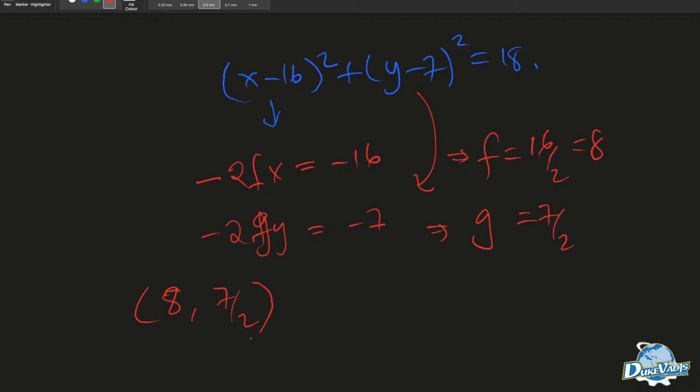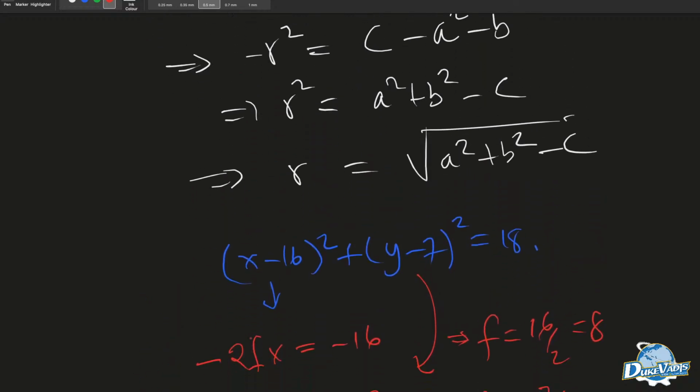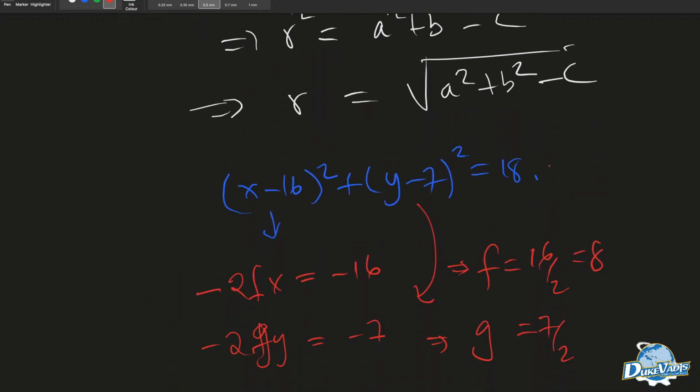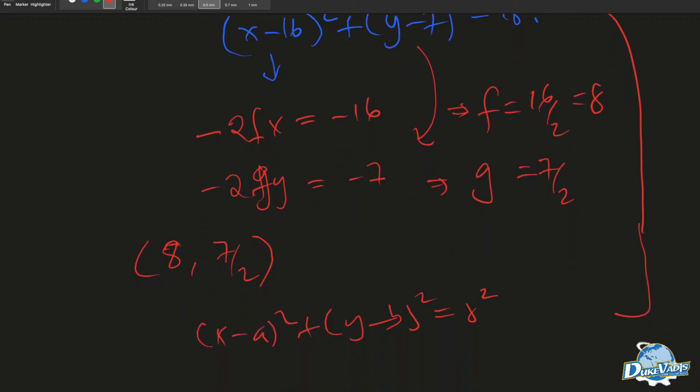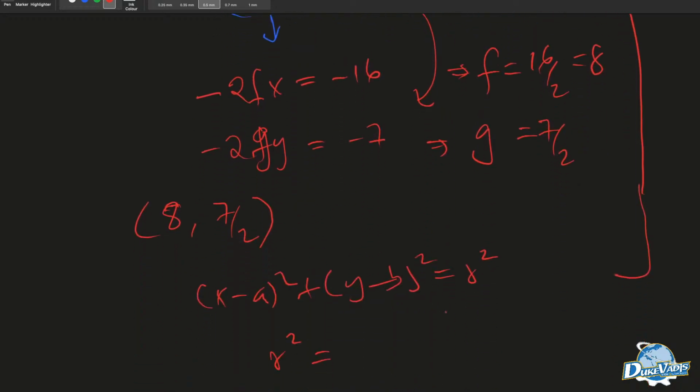If you compare this equation to (x minus a) squared plus (y minus b) squared equals r squared, you see that your r squared here is equal to 18.